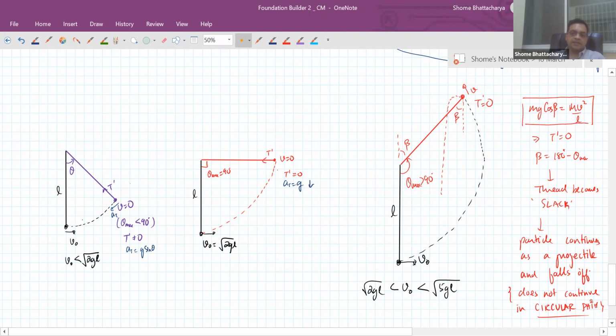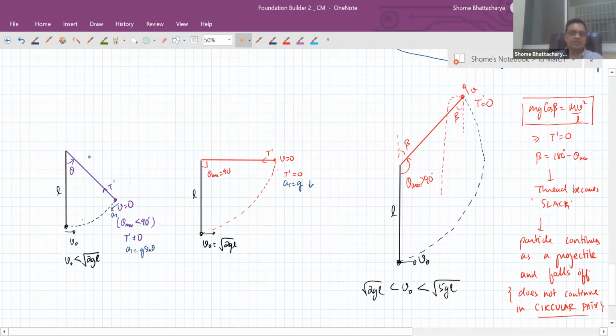And then the final case: if I give a speed of greater than or equal to root 5gL, then it simply completes the vertical circular motion. So just make a note of these three cases first. It's very critical that you remember these values and the important properties of each of these.